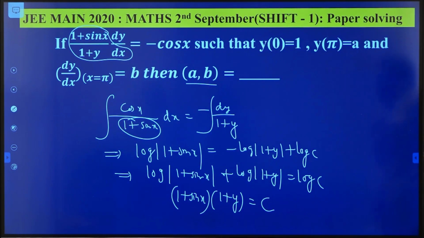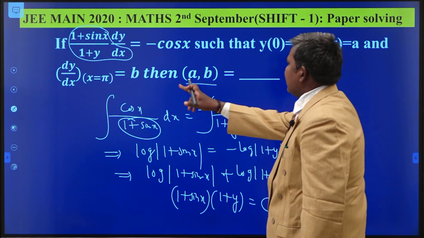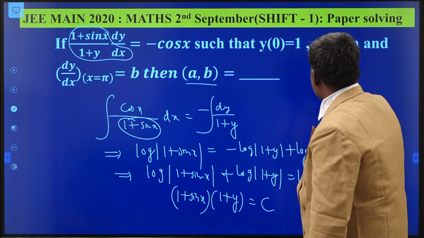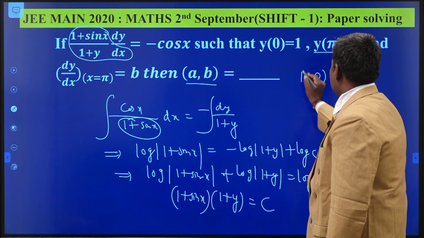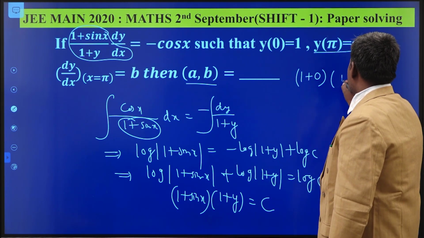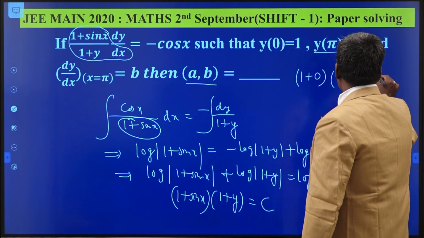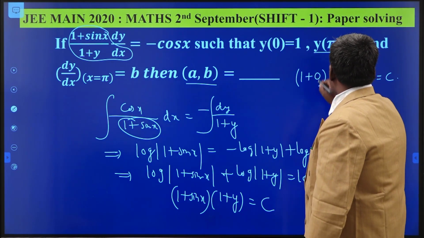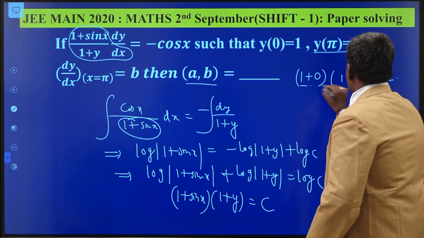Now 1 plus sin x into 1 plus y is equal to c. What is the given thing here? Y of pi is equal to a is given to you. Substitute x equal to pi, we get 1 plus sin pi, 0, times of 1 plus y is equal to c. So y of pi is equal to a, or leave this one.